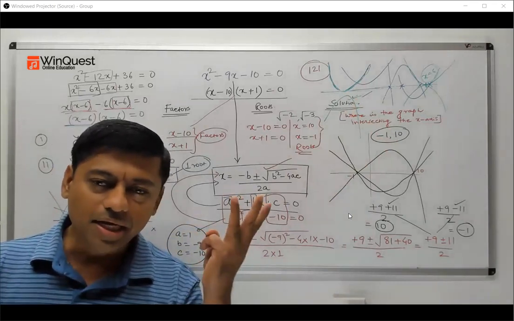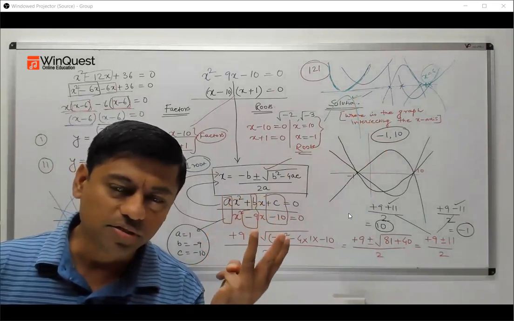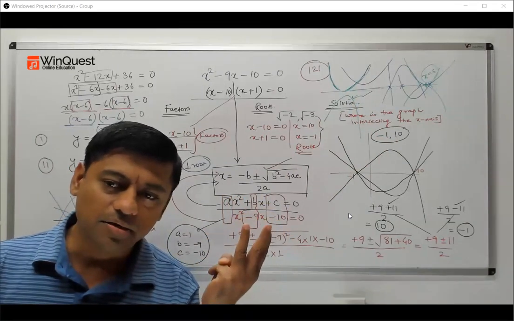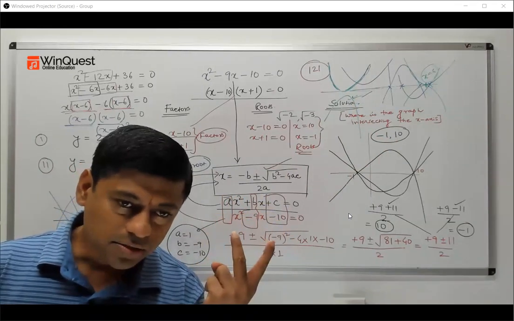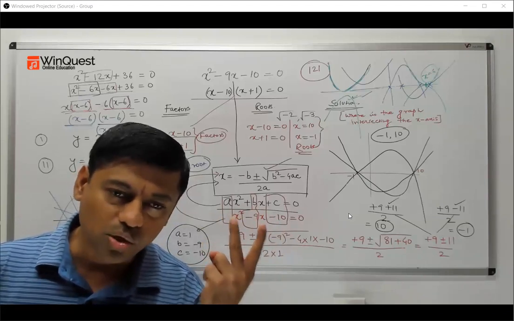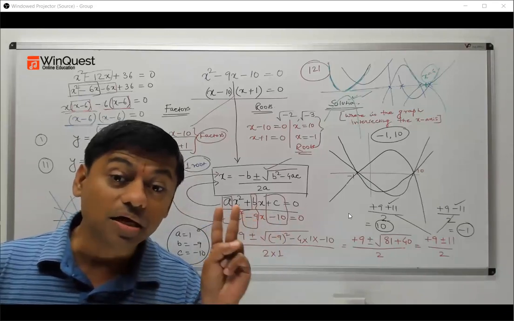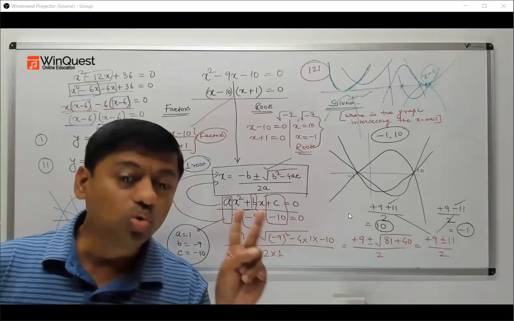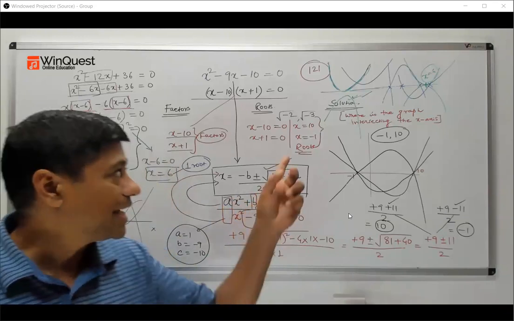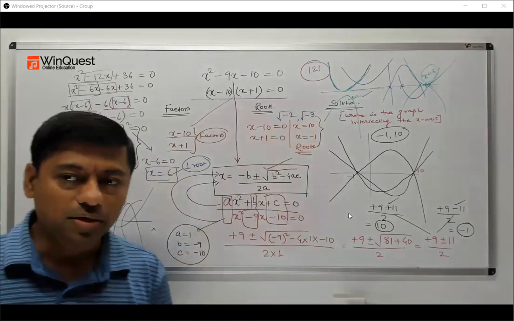So there are three categories of roots that we have to understand. First is if the parabola is intersecting twice, which is the maximum it can do. If the parabola is intersecting at two different points on the x-axis, we get two distinct real roots. Just like in this case, minus 10 and 1, finally we got 10 and minus 1.